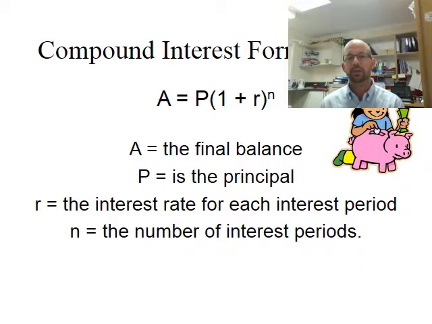Here's our compound interest formula. A is the amount or the final balance. P is the principal from the starting point. R is our interest rate, again as a decimal, and n the number of interest periods.